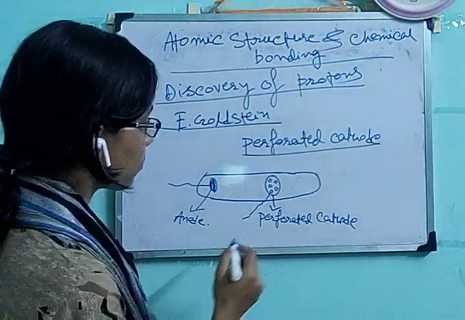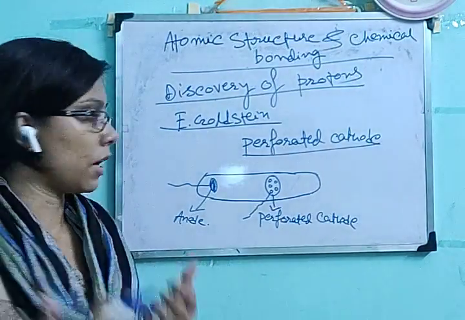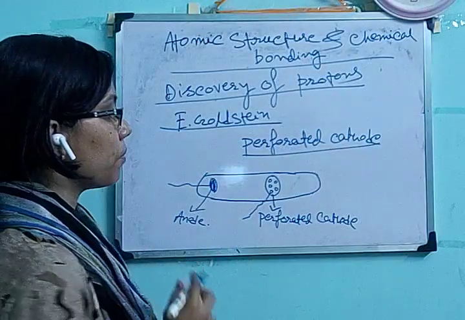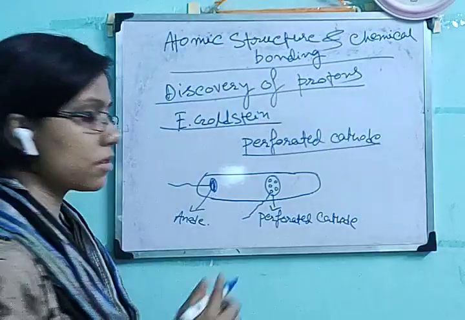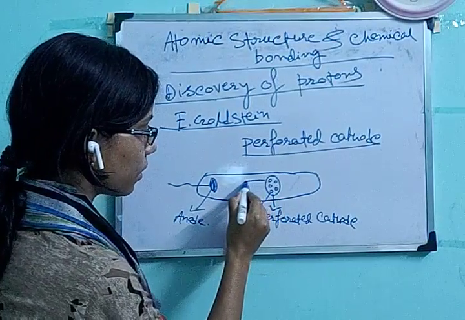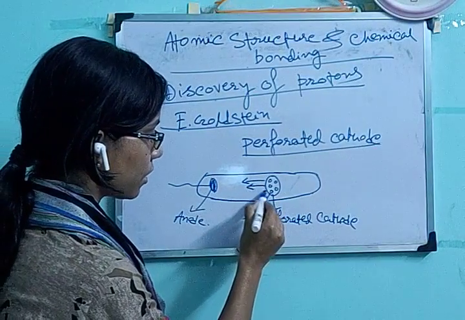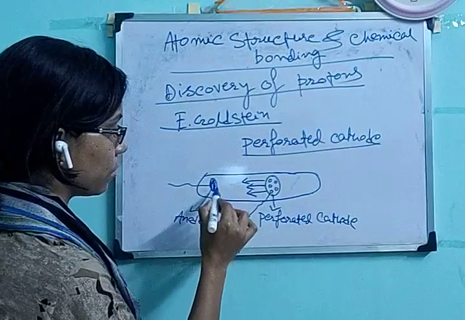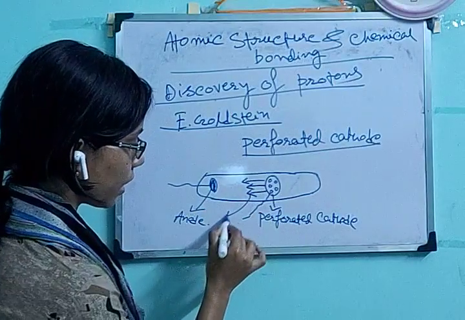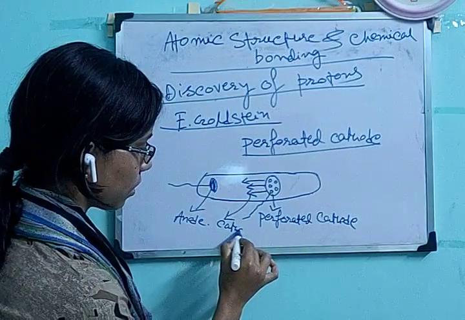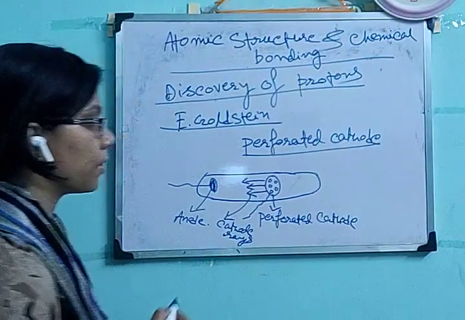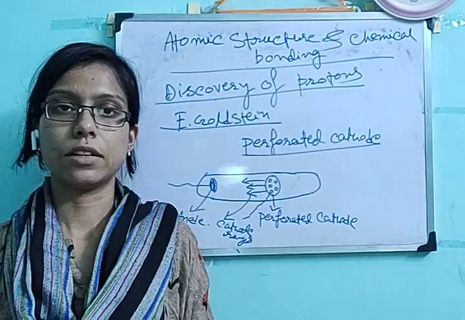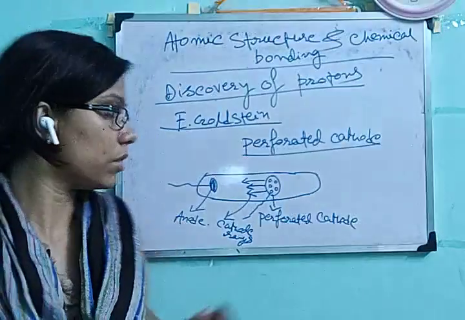And according to Thomson, some negative rays should generate from cathode to anode, which are termed cathode rays. So from this perforated cathode, rays are generating towards the anode. These are called cathode rays. Now it is seen that another type of rays is going opposite to the cathode rays.